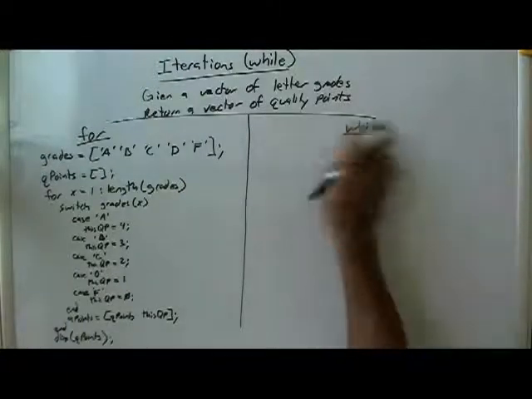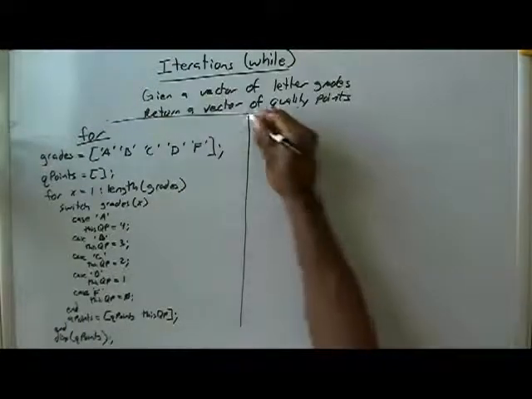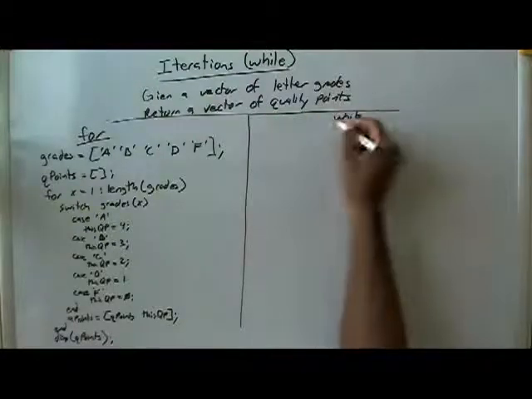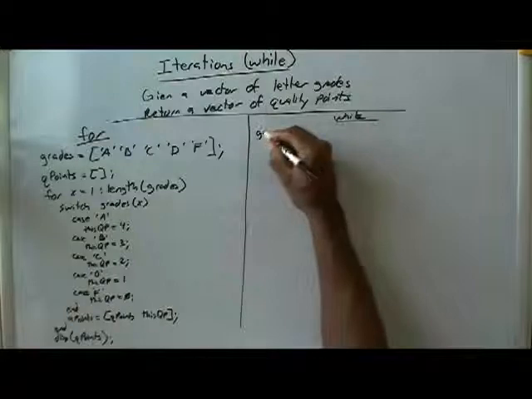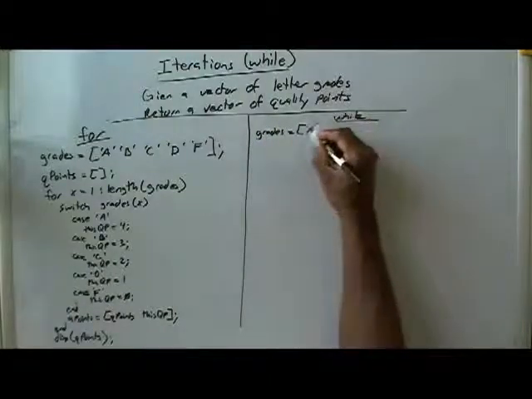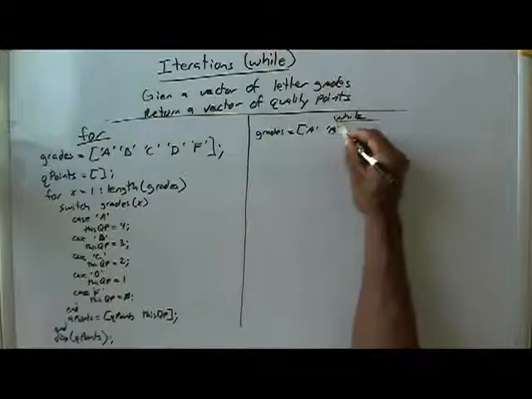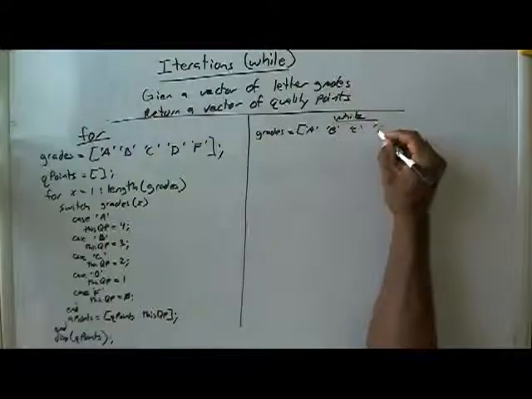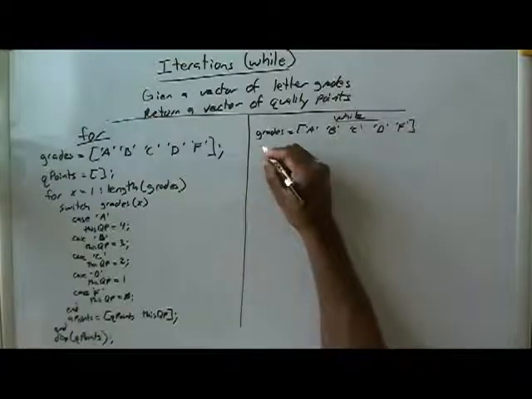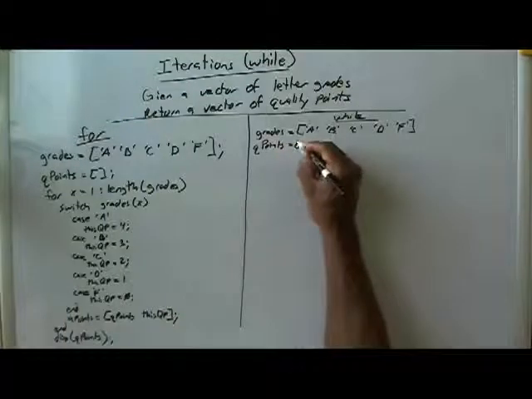So let's do that. Let me erase up here, give myself a little bit more space. While loop. So this part's the same. Grades equals A, B, C, D, F. Q points equals this.